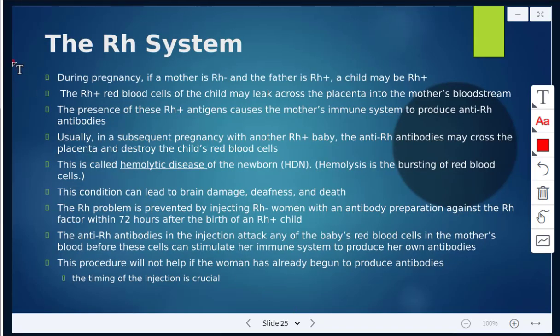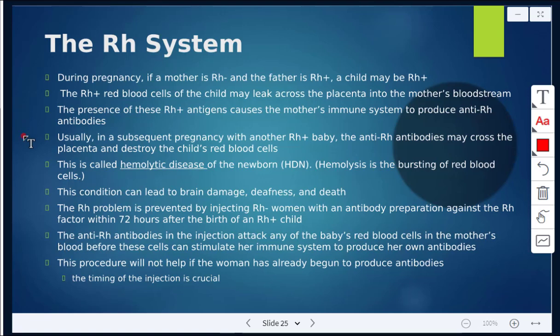All right, so during pregnancy, if a mother is Rh negative and the father is Rh positive, the child may be Rh positive. And the Rh positive red blood cells of the baby may leak across the placenta into the mother's bloodstream. And the presence of these Rh positive antigens will cause the mother's immune system to start producing anti-Rh antibodies.